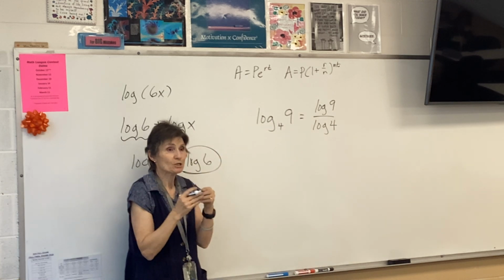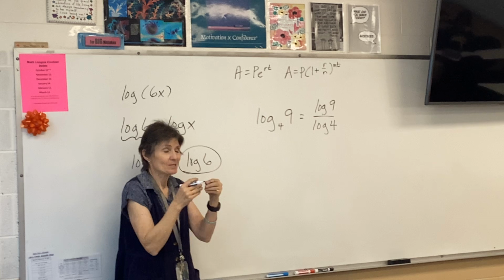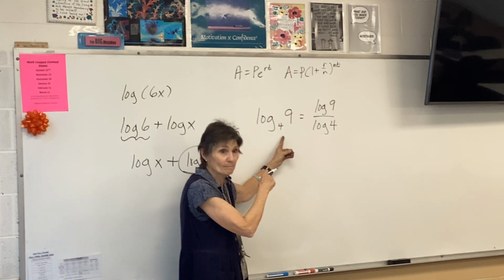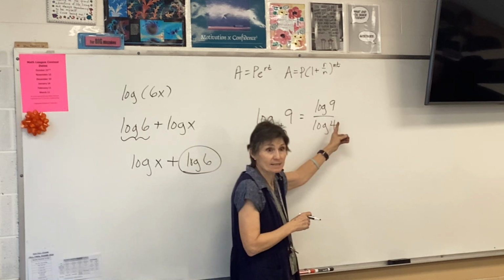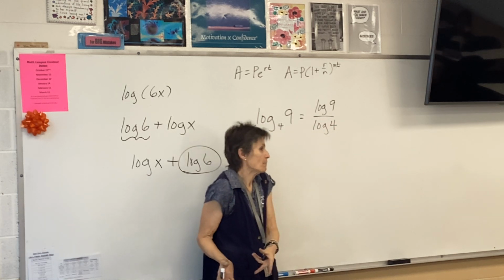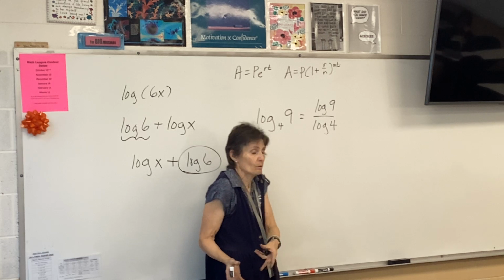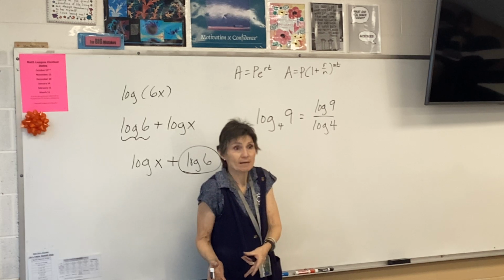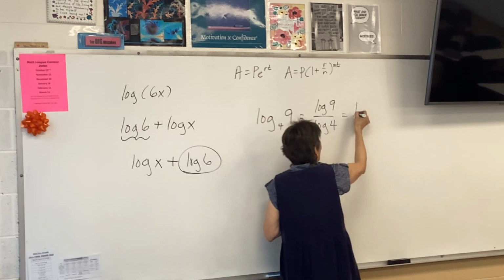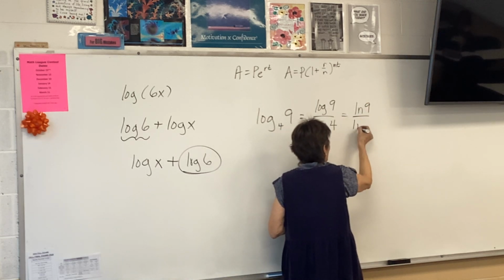Now, what did I just do? I just changed a base 4 logarithm into a base 10 logarithm. And I did that so that I could type it in on my calculator, because my calculator only does base 10 and base e. So I could do ln 9 over ln 4.